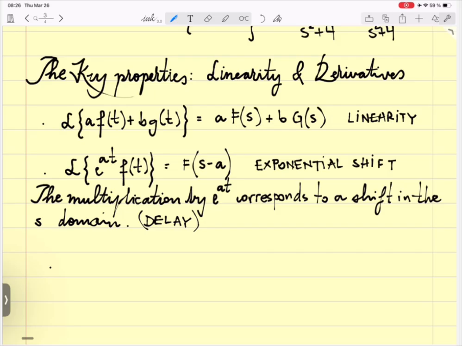So if we say that the Laplace transform of f is the integral, written like this, okay?